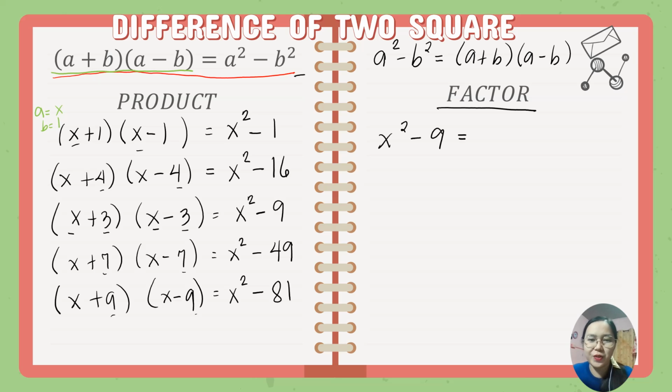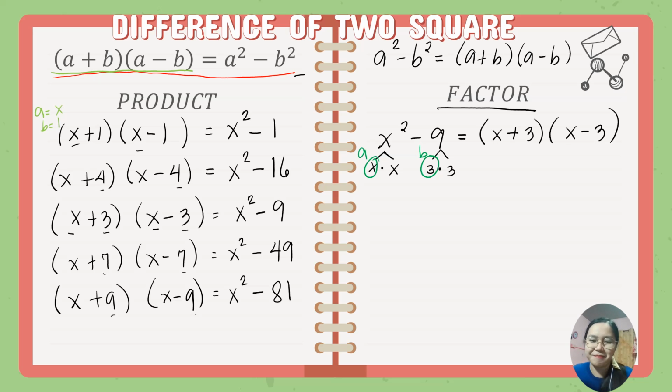The first thing we should do is get the factor of x squared, x multiplied by x. 9 is 3 multiplied by 3. Therefore, the answer will be (x plus 3)(x minus 3). That's all. So x is an a and 3 is a b.